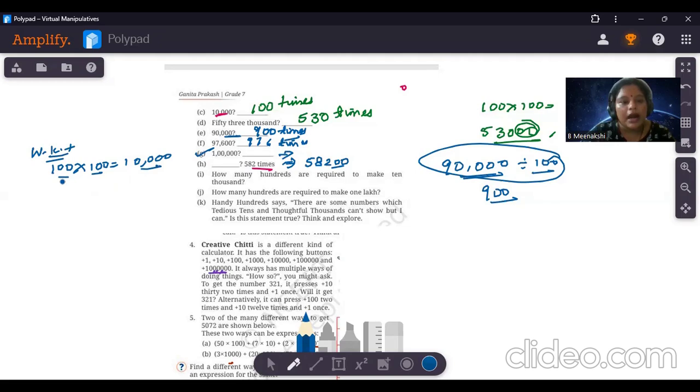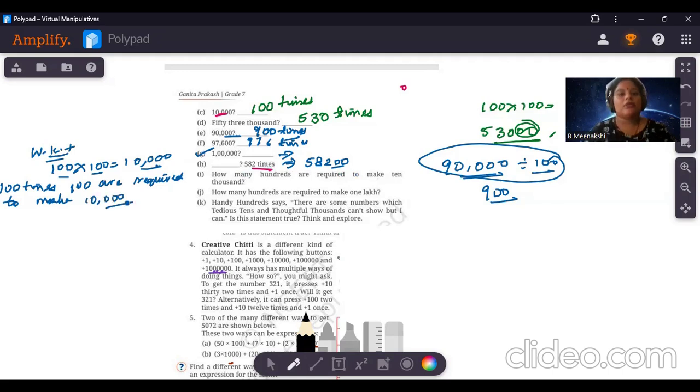So 100 hundreds are required to make 10,000.